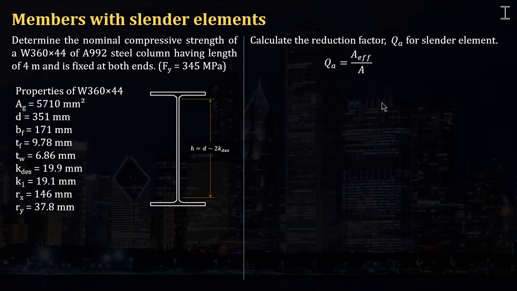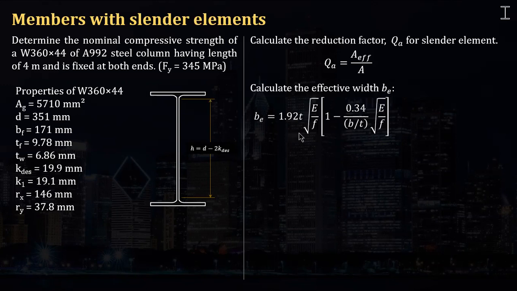So again, the formula for Q sub A is the effective area over the gross area, and BE has this formula for a W shape, a doubly symmetric I shape. So that's 1.92 T square root of E over F times the quantity of 1 minus 0.34 over B over T square root of E over F. We've solved F already, and T is the thickness of this web, okay?